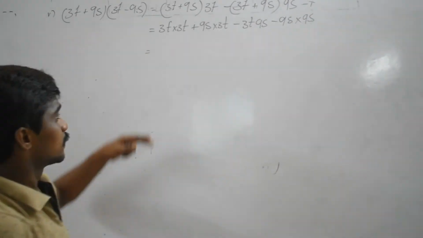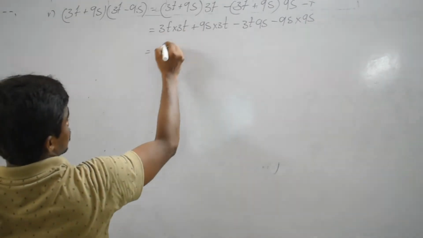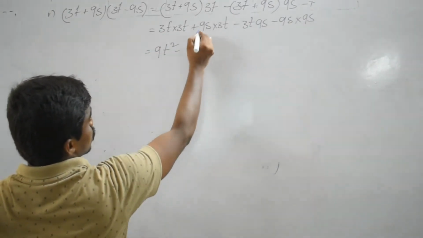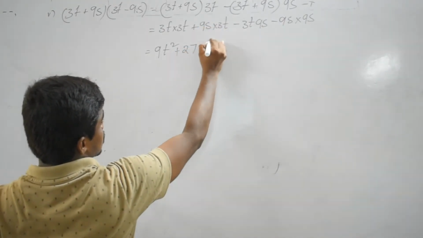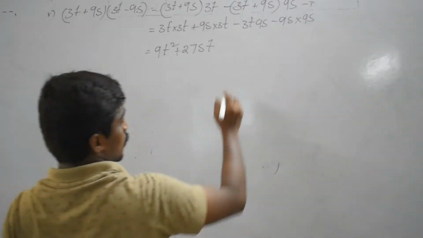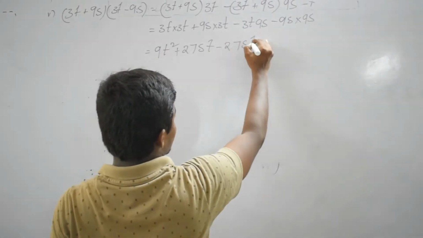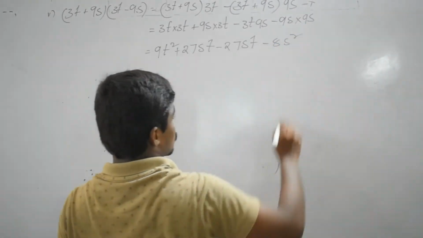So here 3t cross 3t, 3 3s are 9 t squared, plus 9 3s are 27 st. Next, 9 3s are 27 st, 9 9s are 81 s squared.